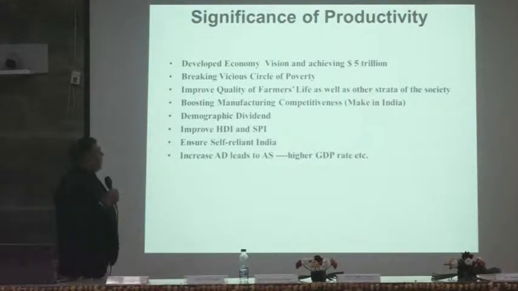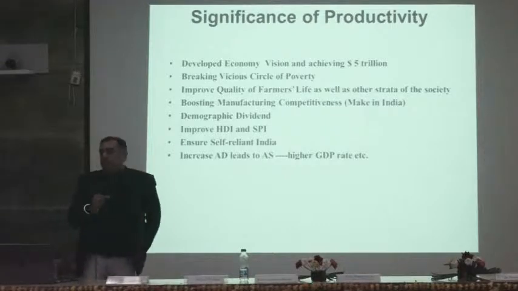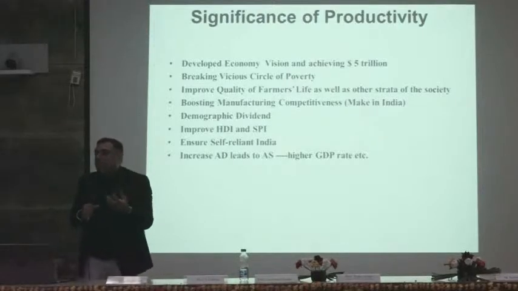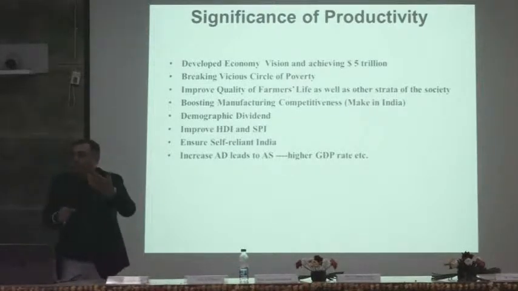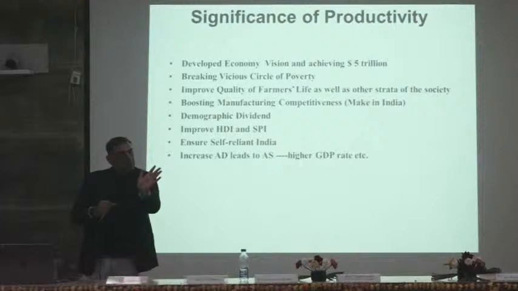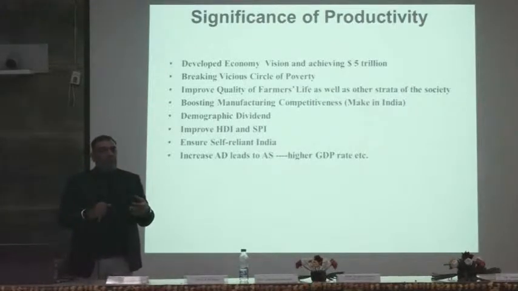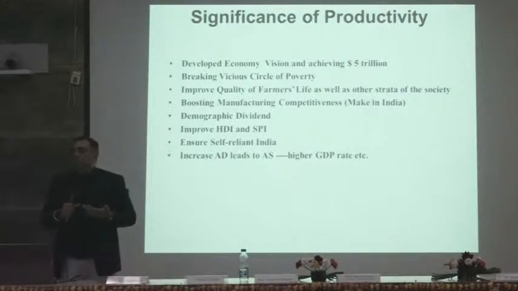Then boosting the quality of life of the farmer as well as the rest of the society. If you increase the total factor productivity, that will increase the aggregate output. Aggregate output means your GDP is big, and if your GDP is big, that means you have more per capita income.